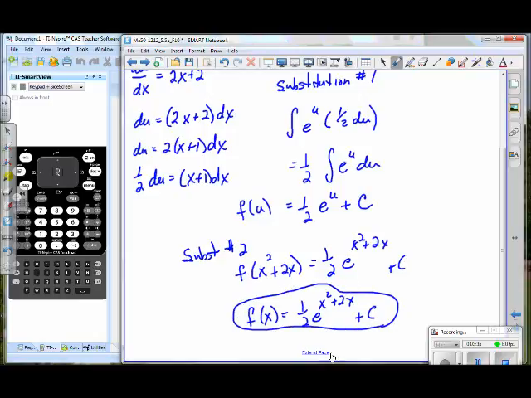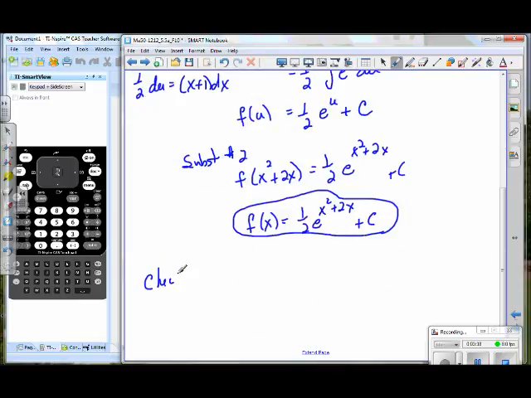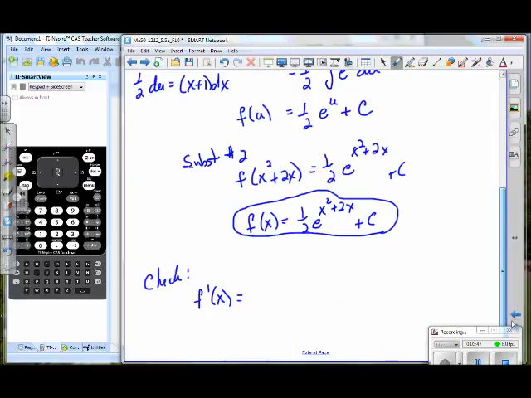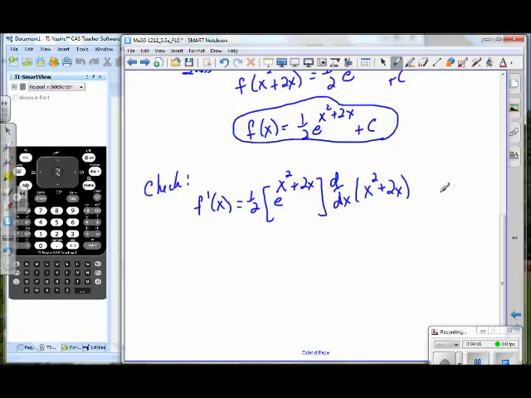Remember, how do we check this? Well, to check this, we would take the derivative of this function, and if we don't get back to the original, then we know we have an error in there. So let's see, this would be 1/2, and the derivative of e to a power is simply e to that power. And then we must take the derivative with respect to x of the inside function, and the derivative of c is 0, of course.